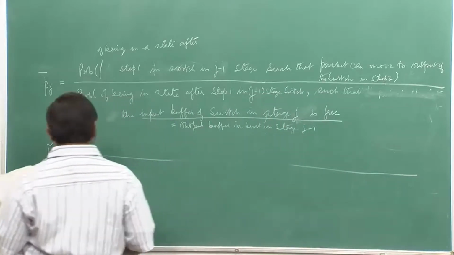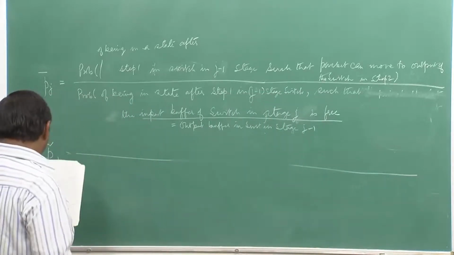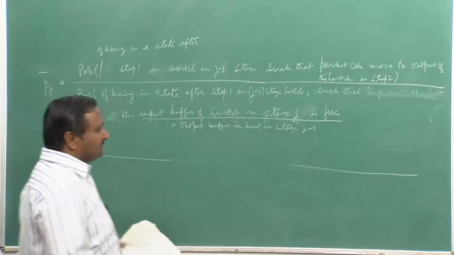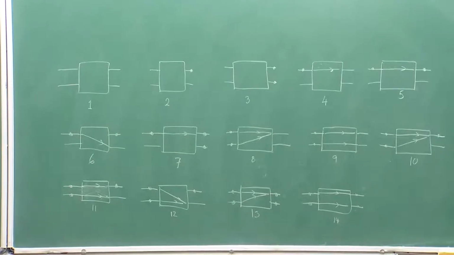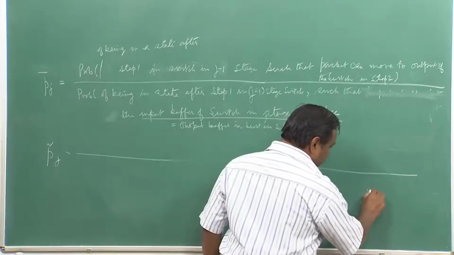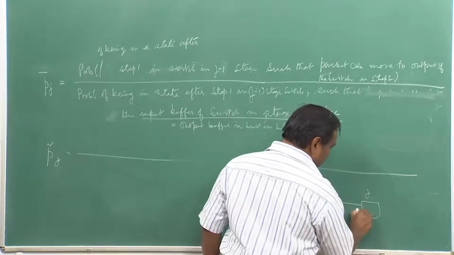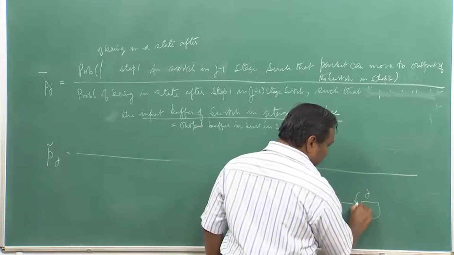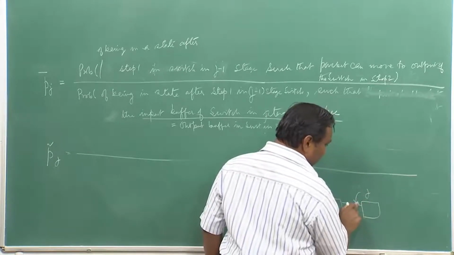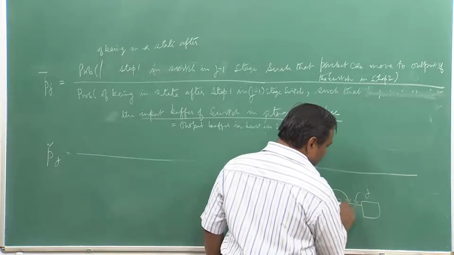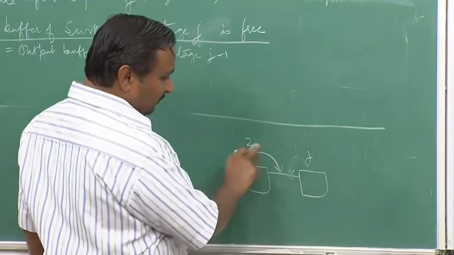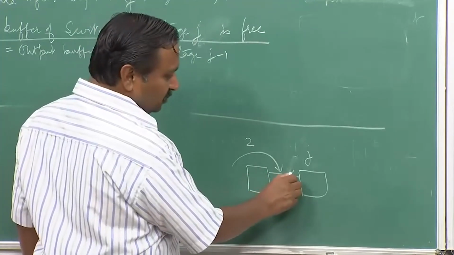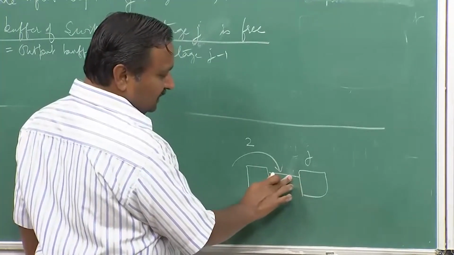So let us look at how we will find out. I need to look into these states. I am looking into j minus first. So the switch is something like this. So this is your switch. Okay. So you have to find out whether this is free or not free, and then the packet will be moving. So this step 2 will be executing here for the movement. So after step 1, which has happened here, there should not be any packet here, that is the first thing.